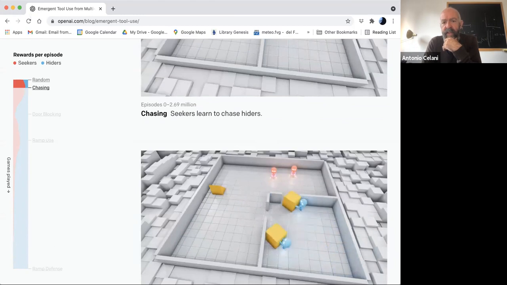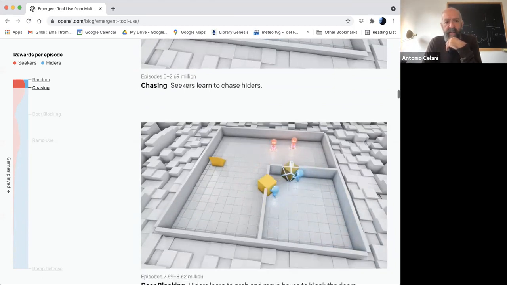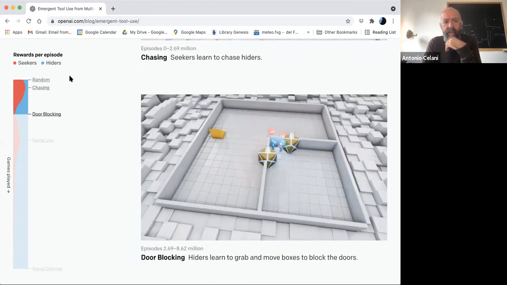You see, during the time that the seekers, the red ones, stay frozen in place, the hiders quickly learn to block the entrance, and therefore, in this case, it's them who get the best. This is the situation where they have learned this door blocking ability. And then here, the reward falls dramatically for the seekers, and grows for the hiders.